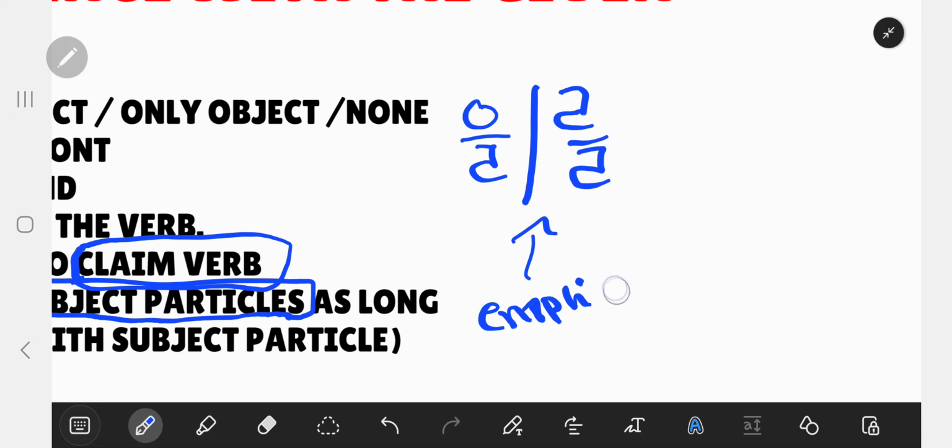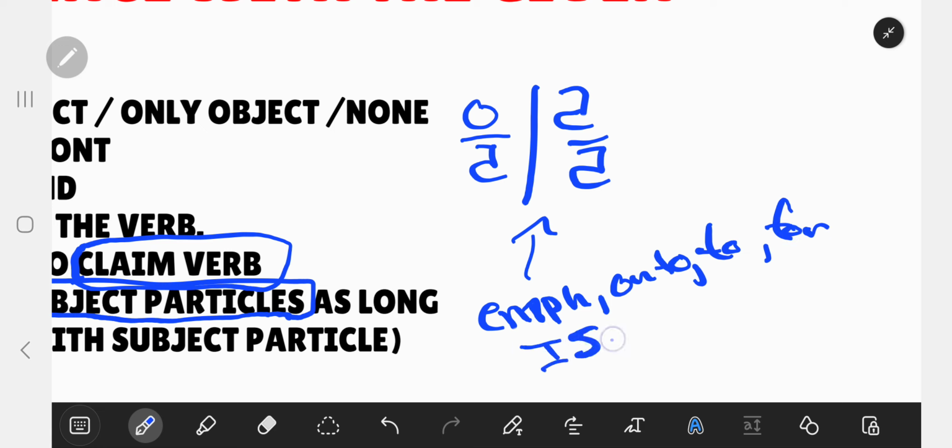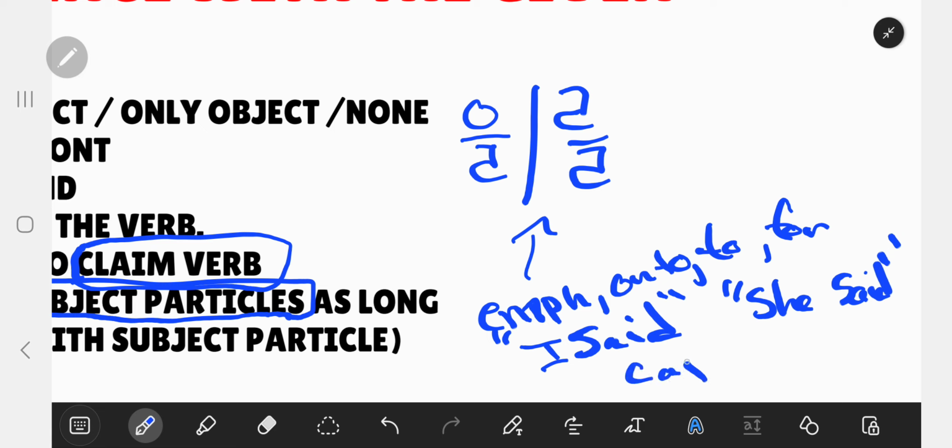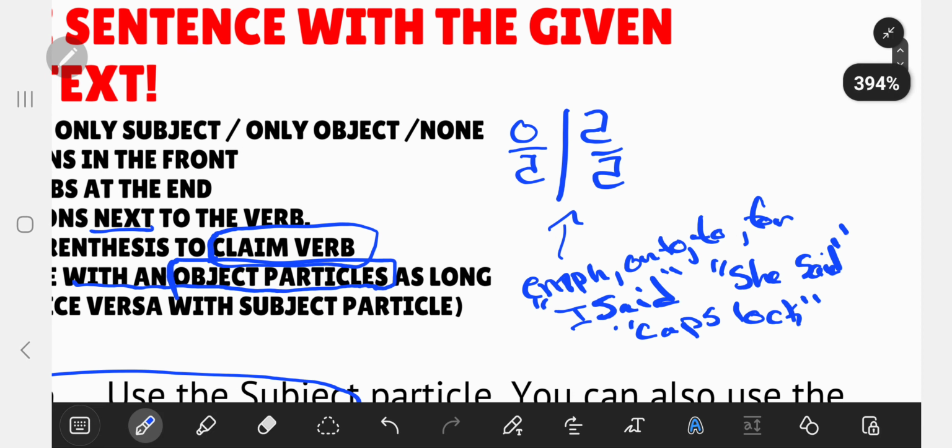Remember, this means onto, to, for, or I said, or she said. We don't know yet. Or it could also be a caps lock feature if you attach it to a noun. Right?